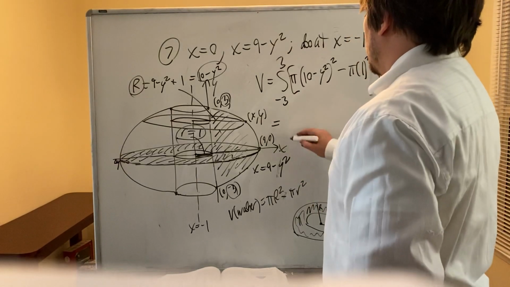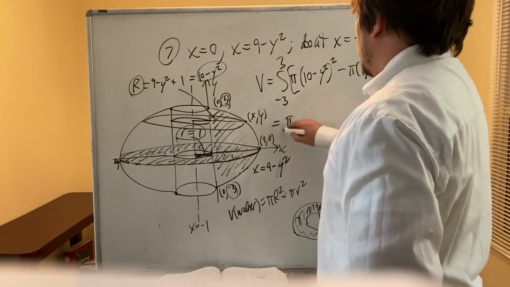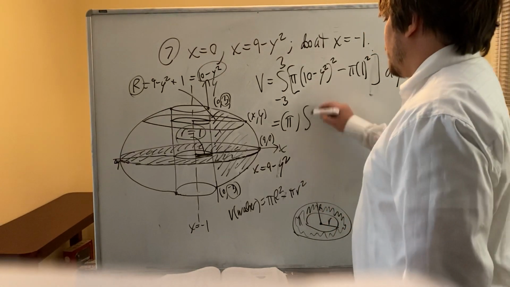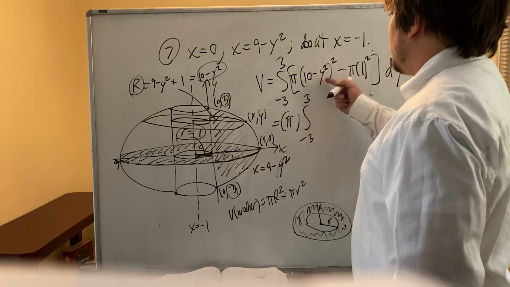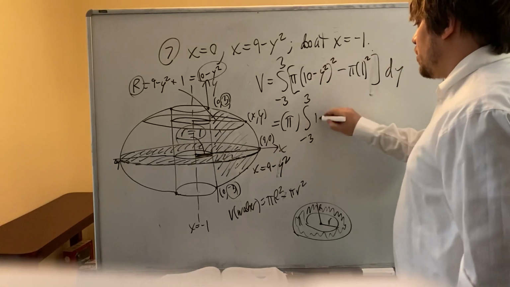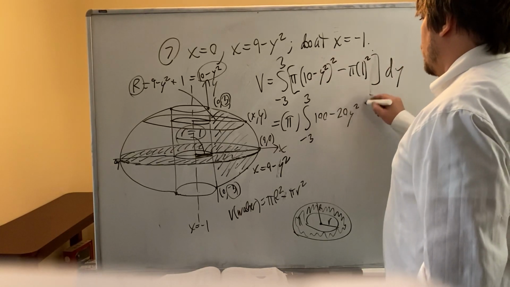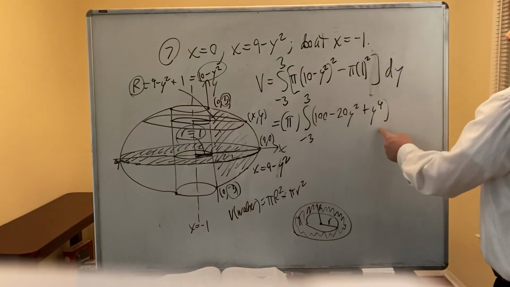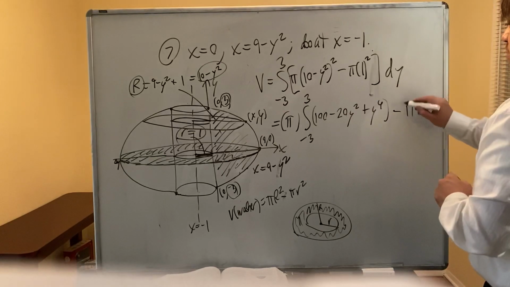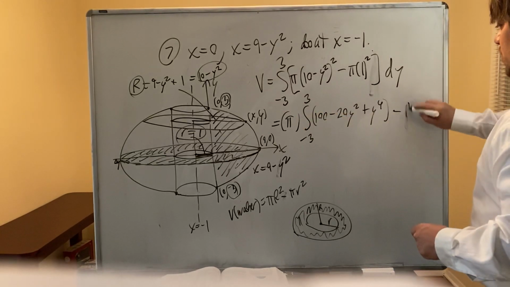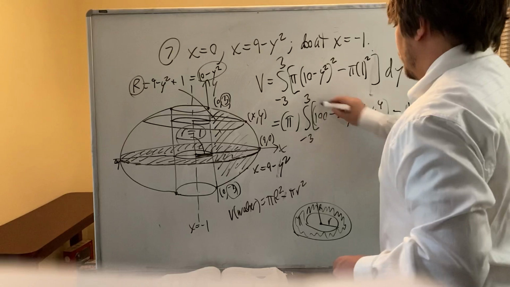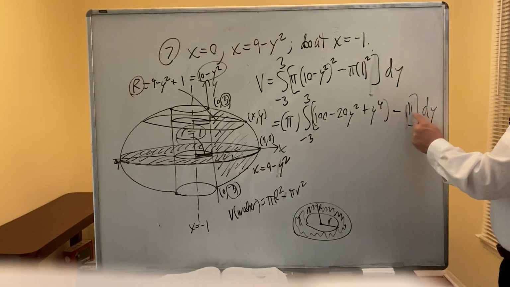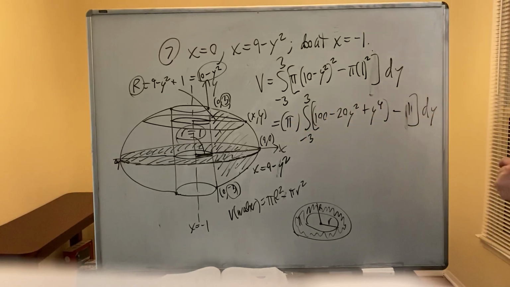And so this is equal to, the pi is going to just be moved out of the integral. And then we have the integral from -3 to 3 of (10 minus y squared) squared. That's 100 minus 20y squared plus y to the 4th. And then minus 1, since it's minus pi times 1 squared, but I factored the pi out over here, dy.